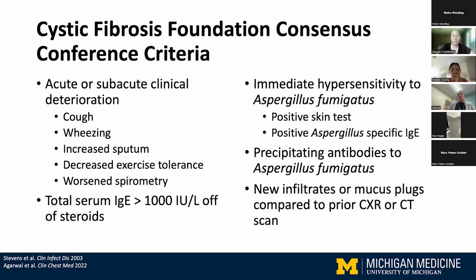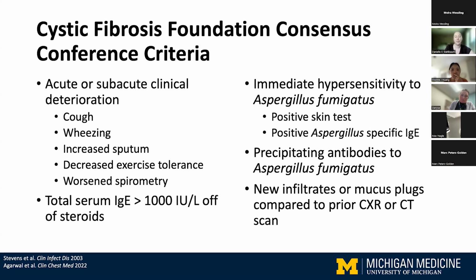As I alluded to before, diagnosing ABPA in cystic fibrosis is challenging. As you can imagine, cough, wheezing, increased sputum, worsened spirometry, decreased exercise tolerance. We see all of those in cystic fibrosis exacerbations. So the Cystic Fibrosis Foundation Consensus Conference criteria that was published back in 2003 and hasn't been updated for a while, they look at essentially the acute or subclinical deterioration and then add some additional blood work there.